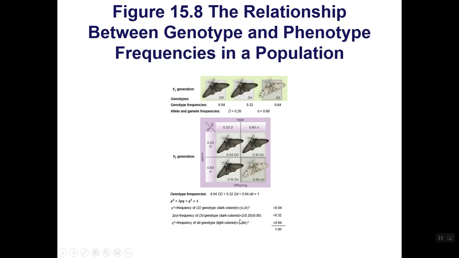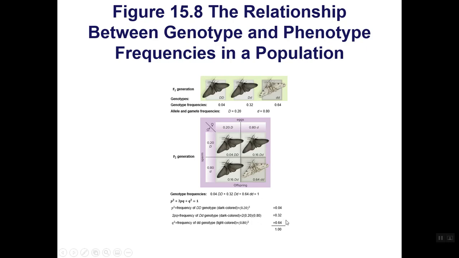So if you were to multiply 2 times 0.2, which was the allele frequency for big D, and multiply it then by 0.8 for the allele frequency for the little d, you would be multiplying 0.2 times 0.8 times 2.